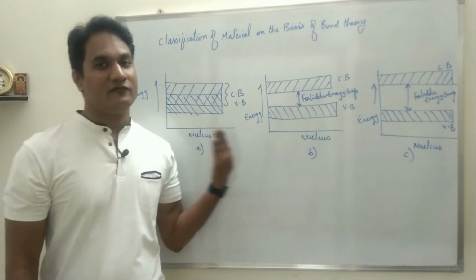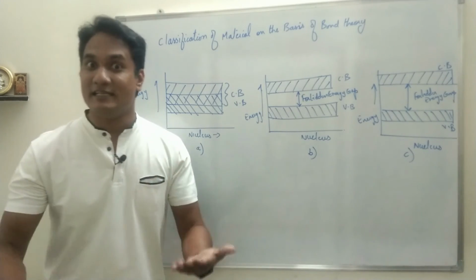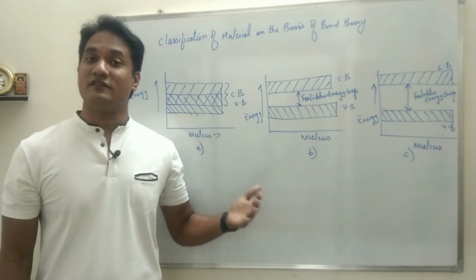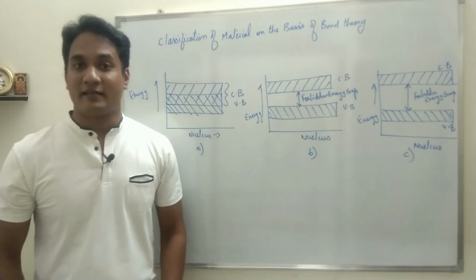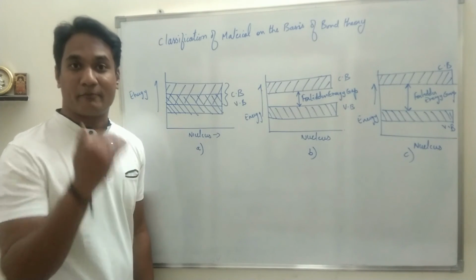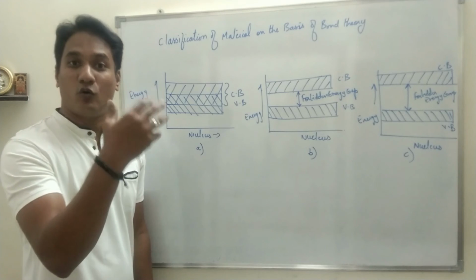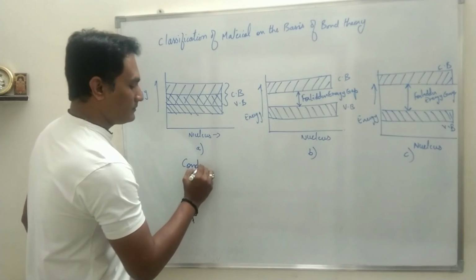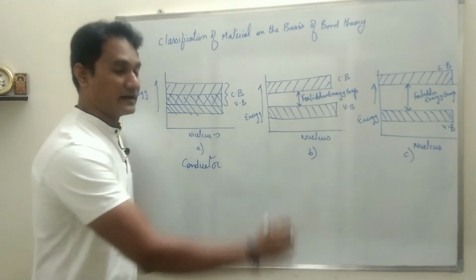So now again, if you see these three diagrams, you can easily interpret, because I have given you the explanation. In the first diagram, there is no energy gap. Conduction band and valence band overlap each other. So this is a conductor.